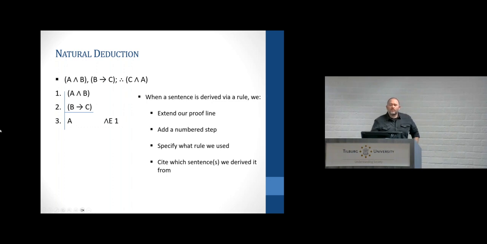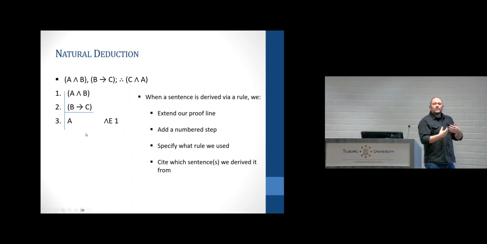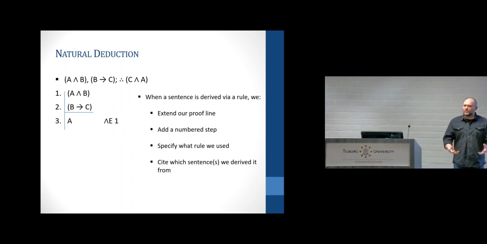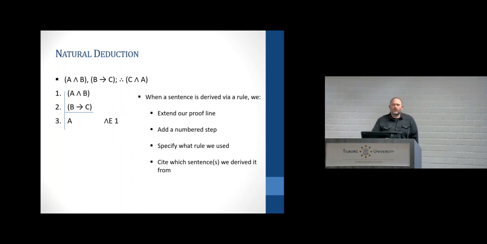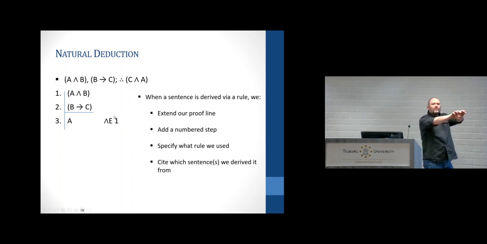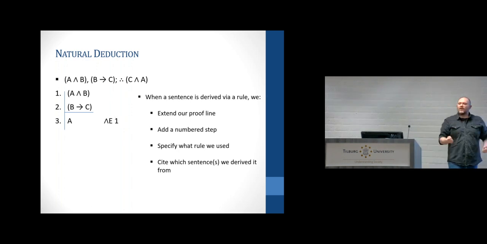We're applying a rule and deriving a sentence. When we derive a sentence, you tell me what rule you've used and what sentences you've used it on. In this case, we're using conjunction elimination on line 1. Metaphorically, we've taken that conjunction, broken it in half, and got one of the conjuncts.